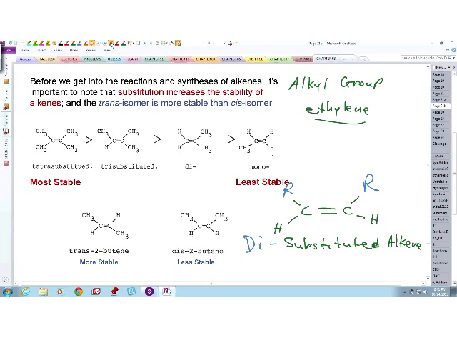Now, if I replace another hydrogen with an alkyl group, this now becomes a tri-substituted alkene.